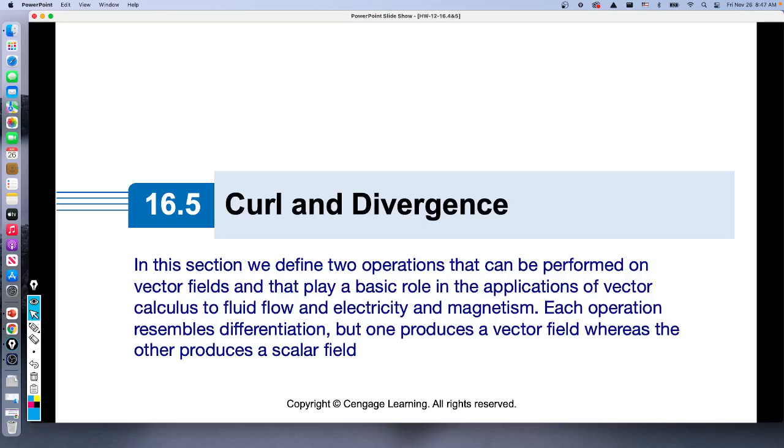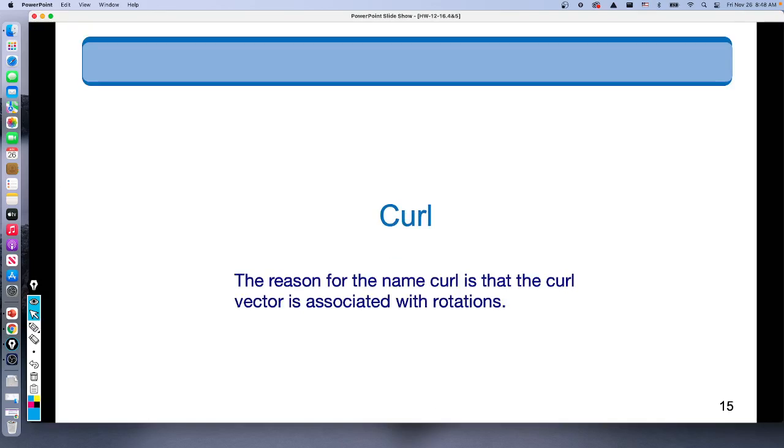One produces a vector field, whereas the other is a scalar field. So curl is going to give us a vector field. Divergence will give us a scalar field. One of the reasons we use this name curl is it's associated with vector rotations, the rotation of vectors.